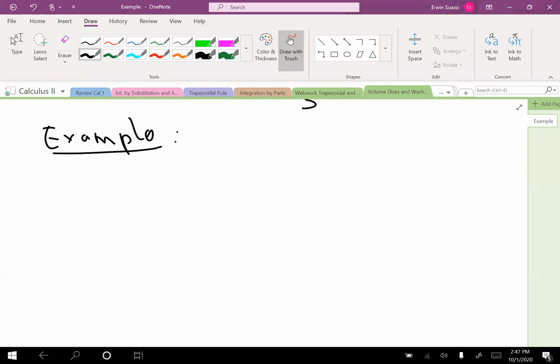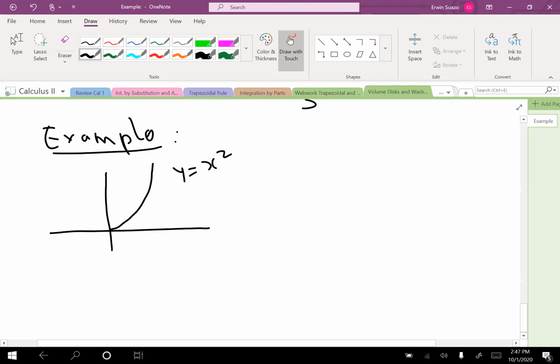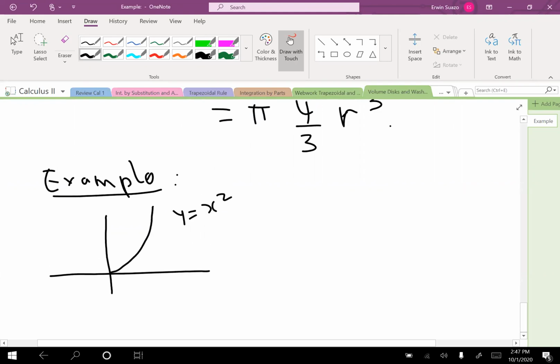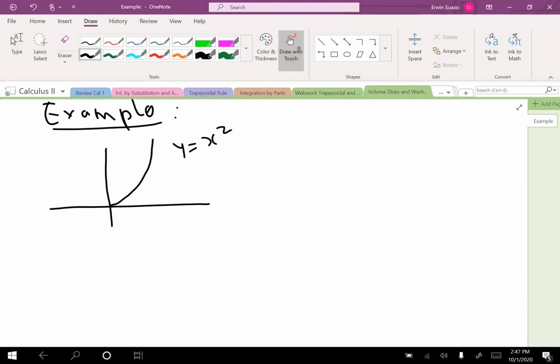Same as example one. So the function we're gonna choose, let's choose y equals x squared. So you're gonna find the volume if the function is y equals x squared, right? And you're gonna rotate it around the x-axis. So when you rotate around the x-axis, it's gonna look something like this, right?